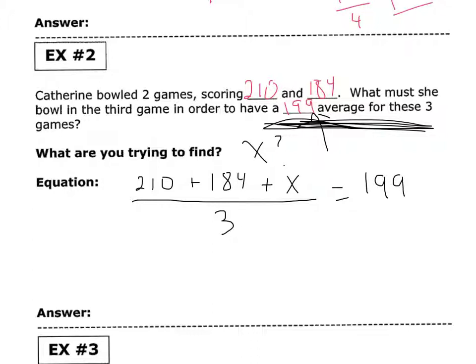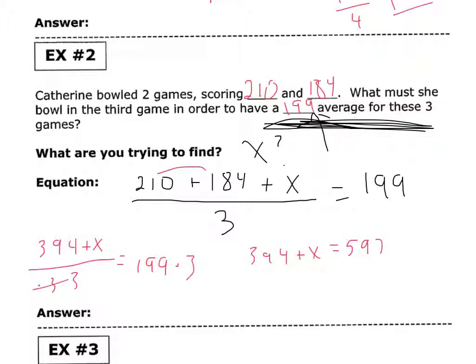Okay, so now we need to go ahead and solve for x. Okay, so we can go ahead and combine like terms, add up 210 and 184, and that gives us 394. And then, of course, we can multiply by 3 on both sides, and that'll give us 394 plus x equals 597.